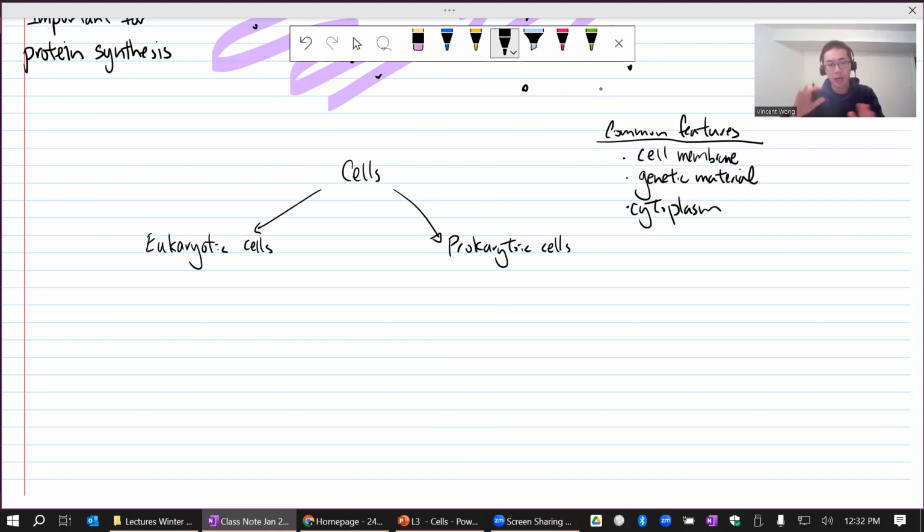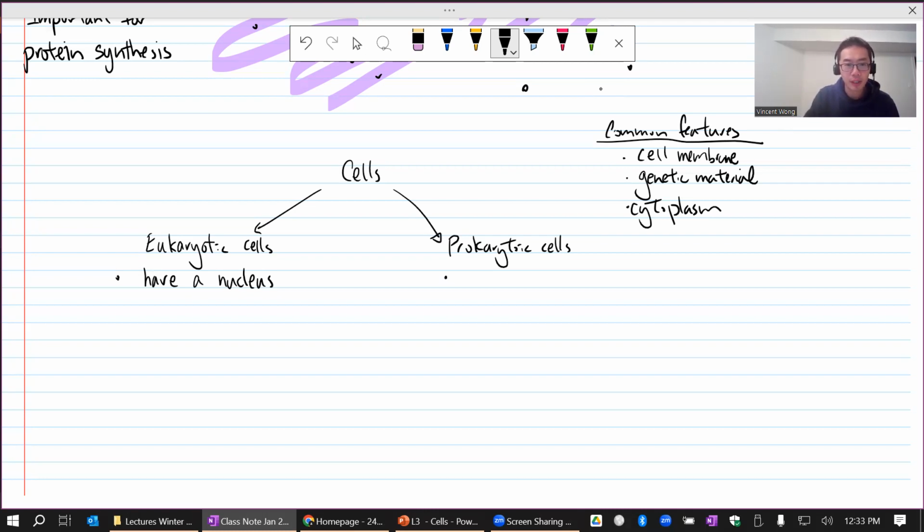And then we can categorize the cells into eukaryotes and prokaryotes. Here are some of the main differences. For eukaryotic cells, they have a nucleus. And we talked about the nucleus last time. That's a distinct circular structure where you will be able to put your DNA in.